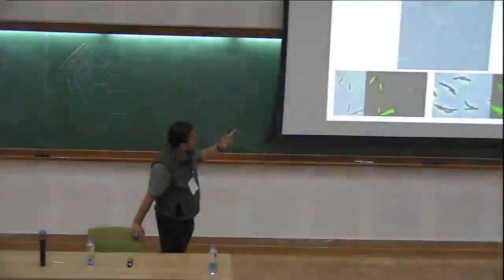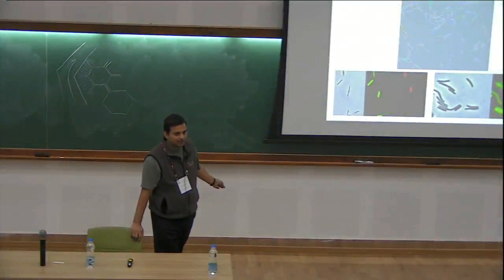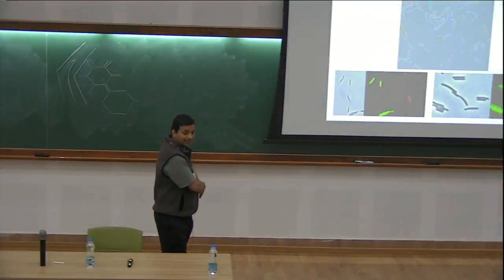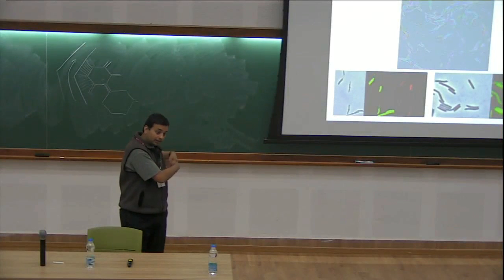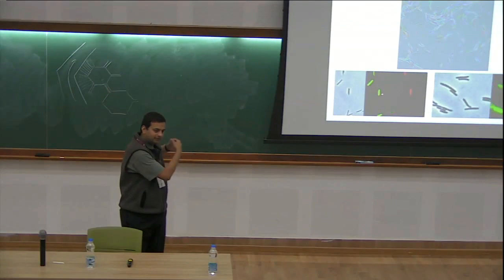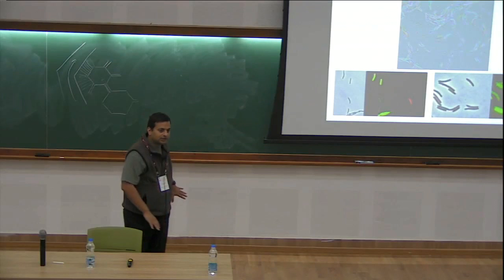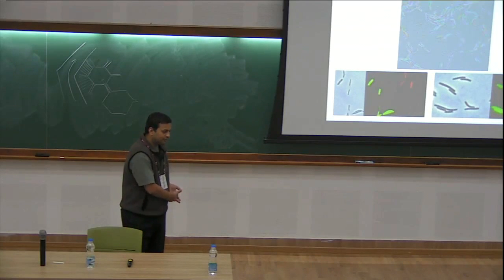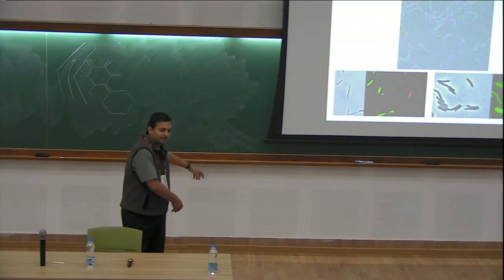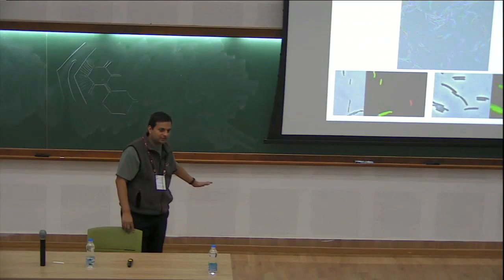What these guys do is leave a slime trail behind, meaning they leave a lot of material, including genetic material, membrane material, all sorts of things. And clearly there is going to be a time scale associated with the degradation of those materials.